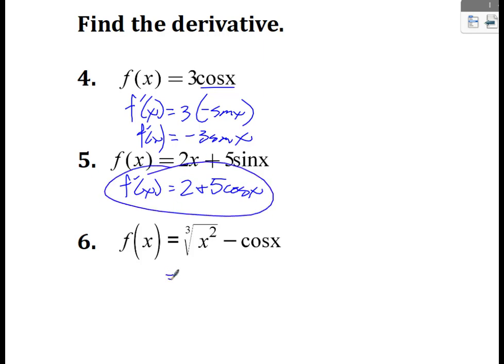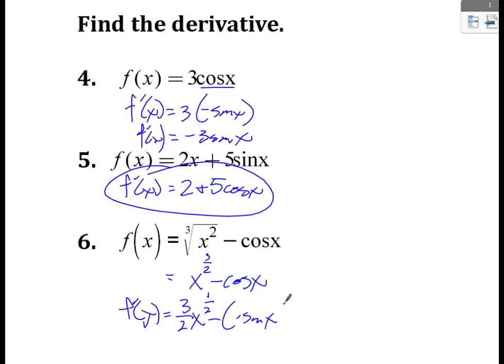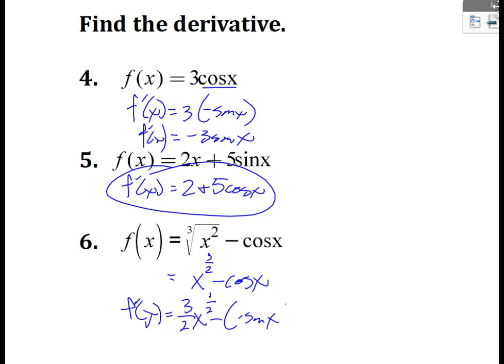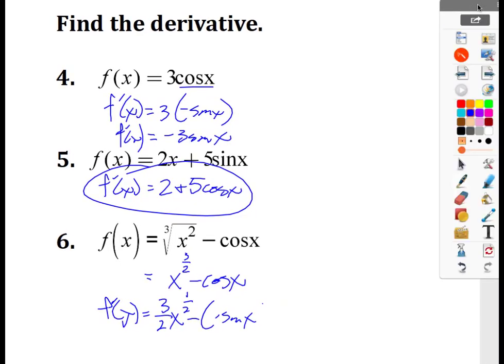And this one I'm going to rewrite as x to the 3 halves. So f prime is going to be 3 halves x, subtract 1, which is 2 halves, so 1 half, minus negative sine of x. Oops, my bad. Sorry about that. I screwed that one up. I wrote that exponent wrong.